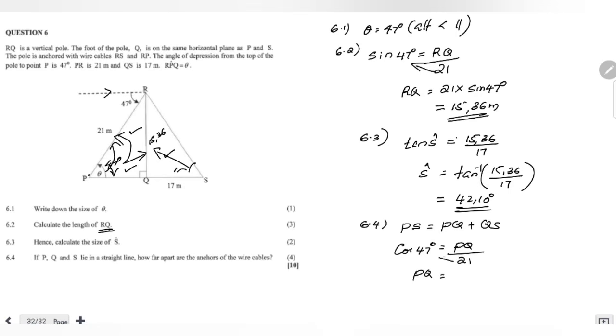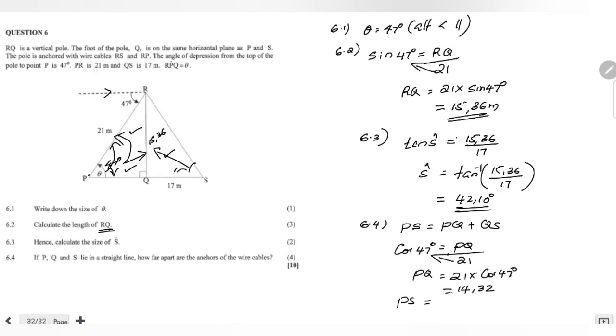Therefore, what is PQ, guys? PQ is equal to, sending 21 this side, 21 times cos 47. When you do this on the calculator, cos 47 degrees times 21, it will give you 14.32. Now I can calculate PS.